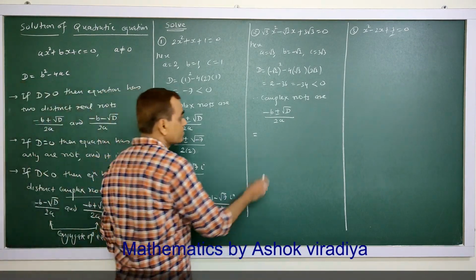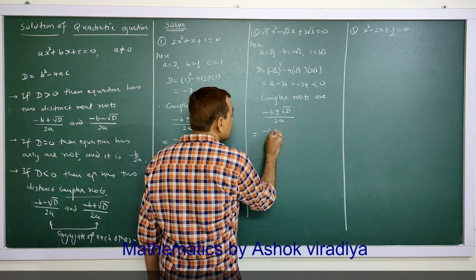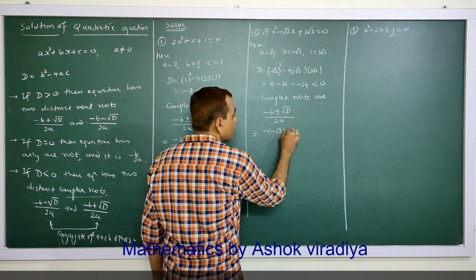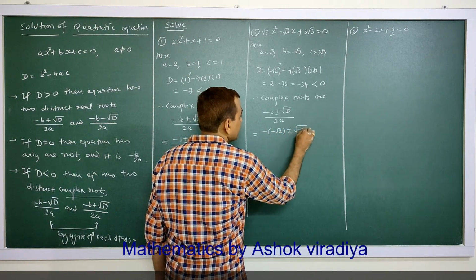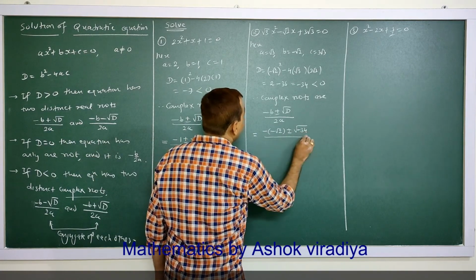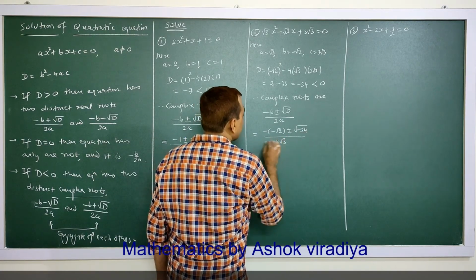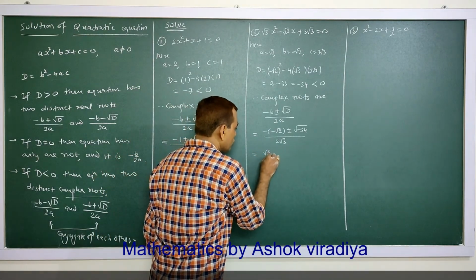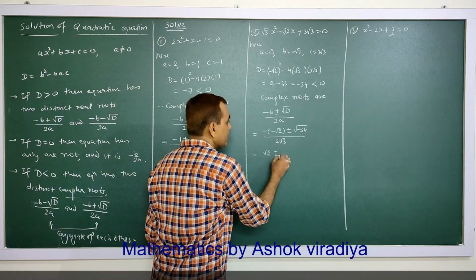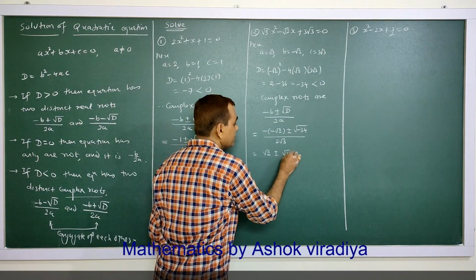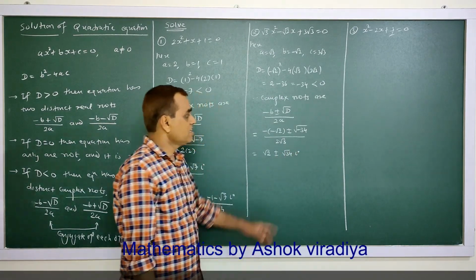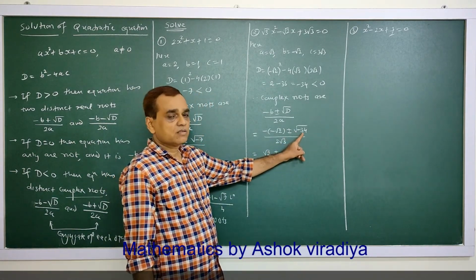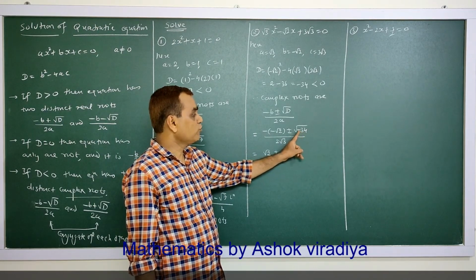Putting values, -b is √2, plus or minus root of -34, upon 2 into a. So this is √2 plus or minus √34 i.